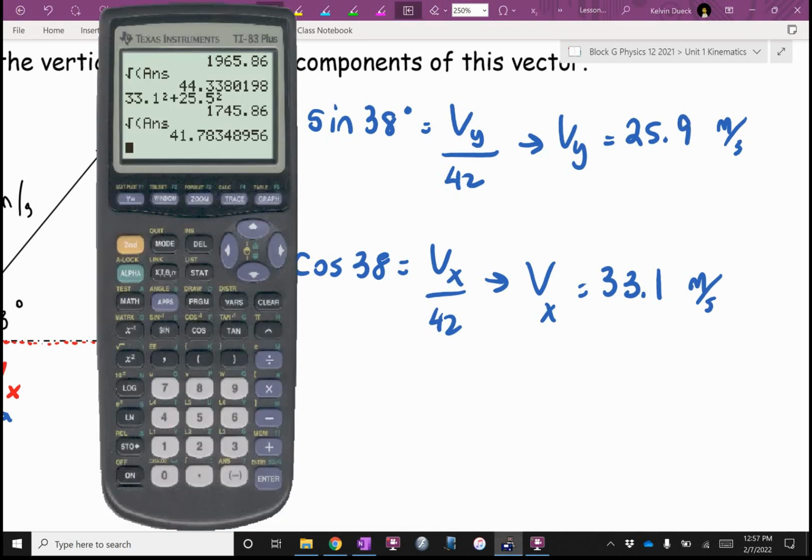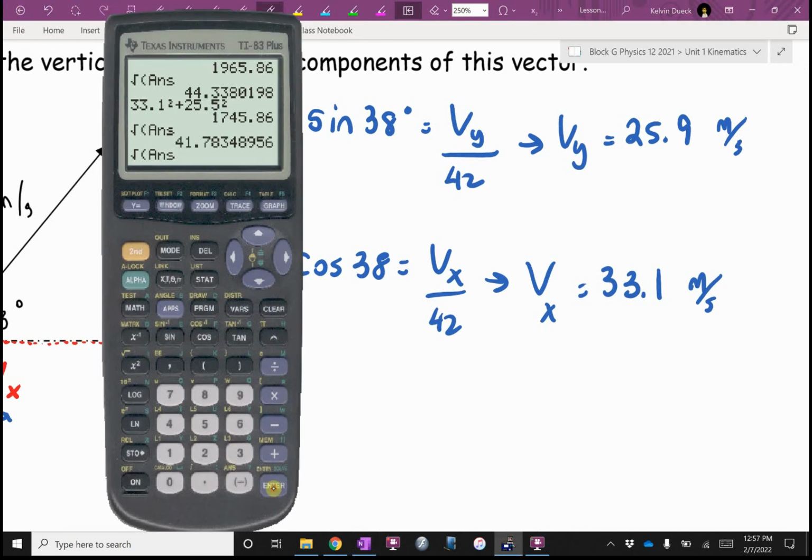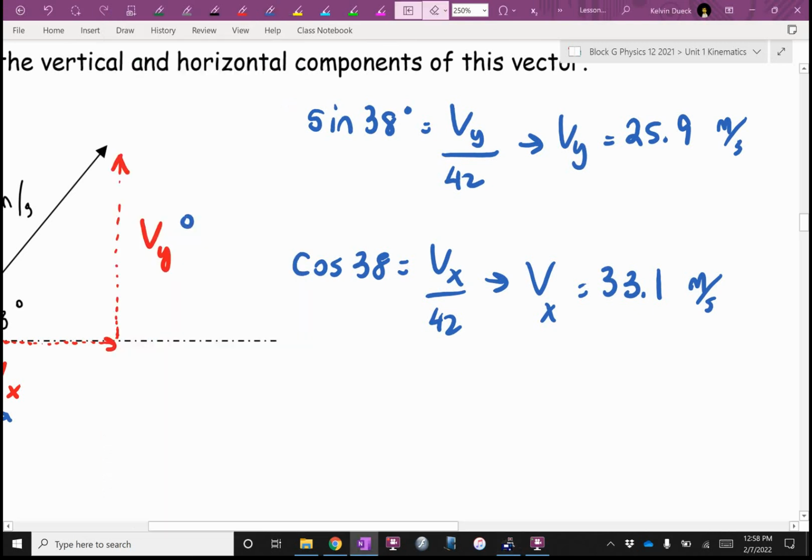I can't even read my own writing. Getting old. 25.9, and then square root. There, just over 42. So yeah, assuming you don't make like 2 or 3 mistakes and can read your own calculator, then you can always do a quick Pythagoras check. Okay?